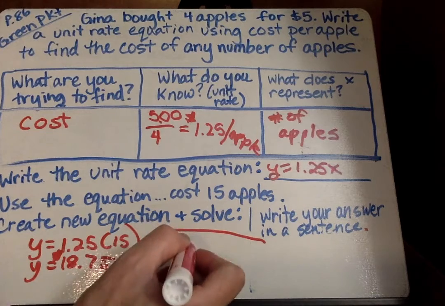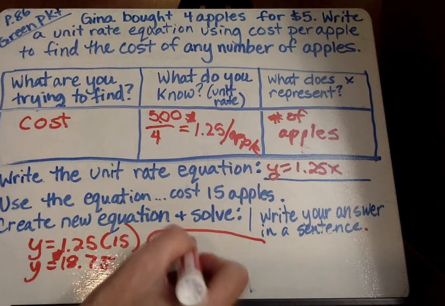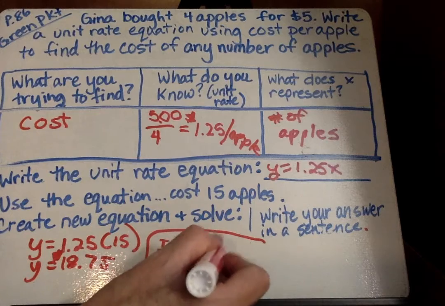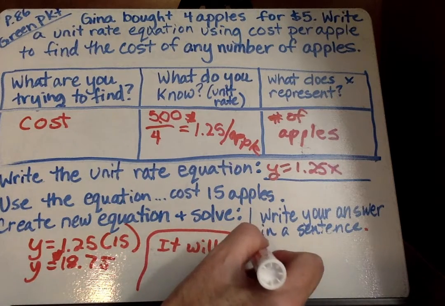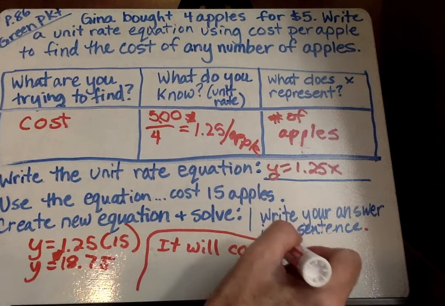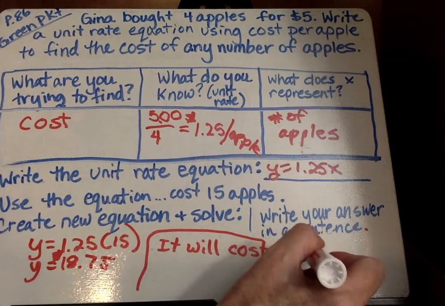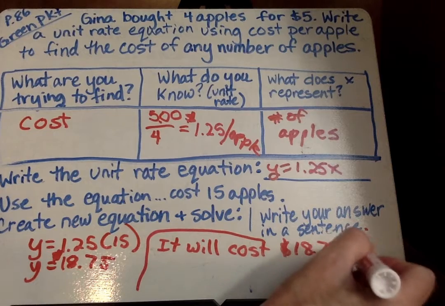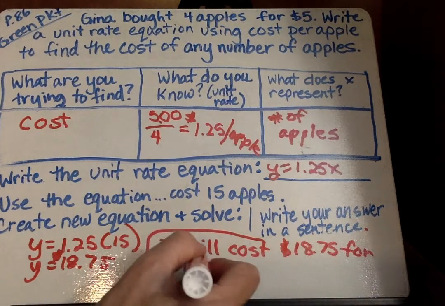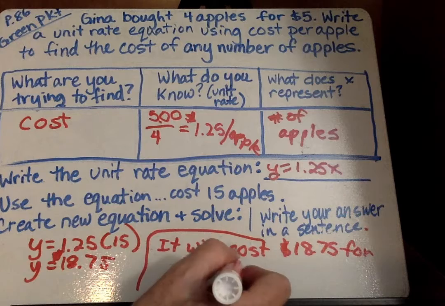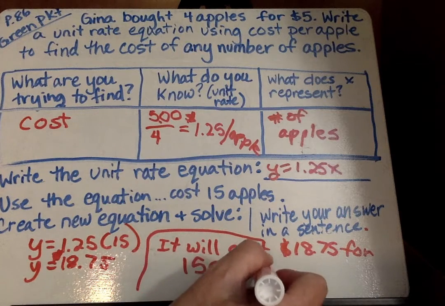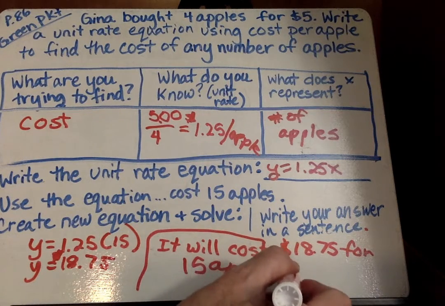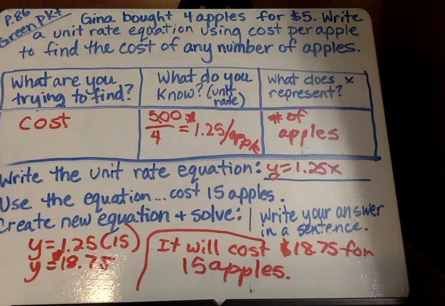It will cost $18.75 for 15 apples. Of course, that doesn't include tax, which most places will have tax. There's a few places that do not have tax on food. So we're done with that one.